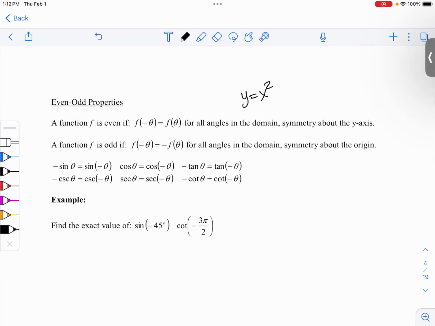Y equals x squared. What does y equals x squared look like? What's the shape? I know you guys know this. Parabola. It's a parabola, AKA a U. That is the epitome of an even function, one that is symmetric about the y-axis.